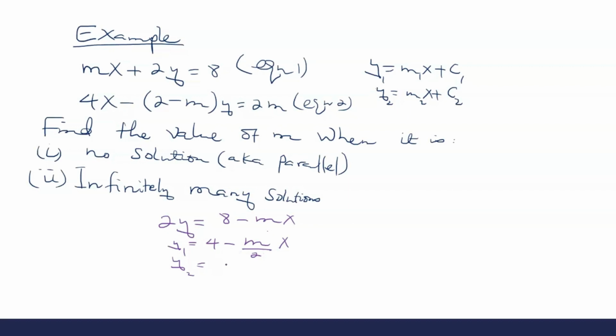So we rearrange: 2m minus 4x. We need to divide this whole lot by the coefficient of y, and the negative also comes with it, so it's going to be 2 minus m. That becomes positive because of the negative there.